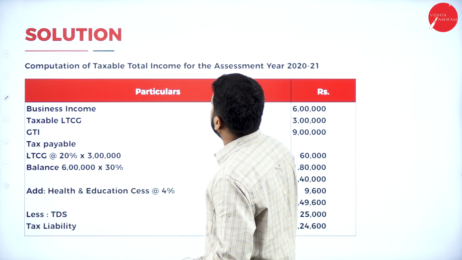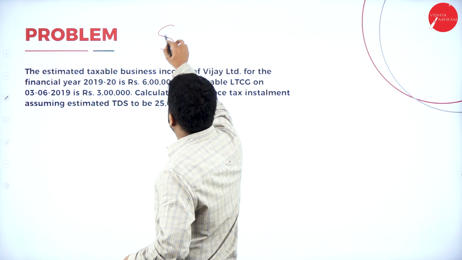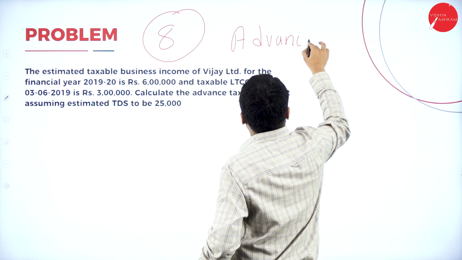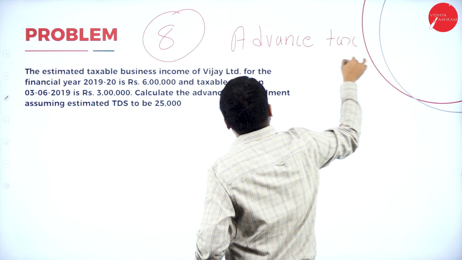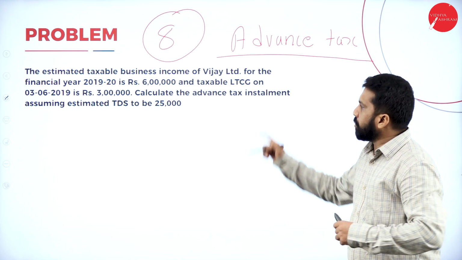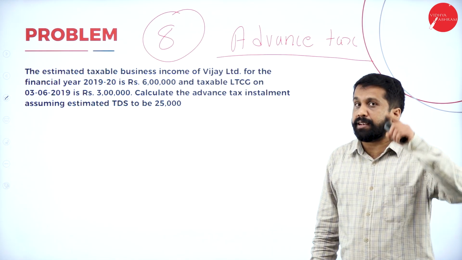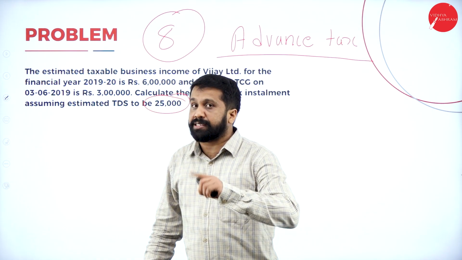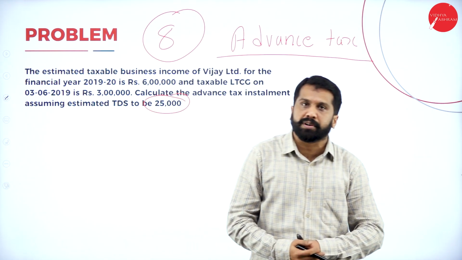So your advance tax is what? Problem number 8. This is your advance tax. Hope you are clear. While doing advance tax, before you calculate your installment, if there is any TDS, you minus it, then you calculate the installment. Hope you are clear.